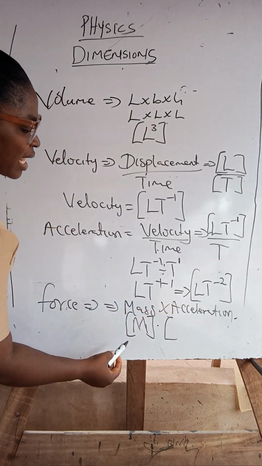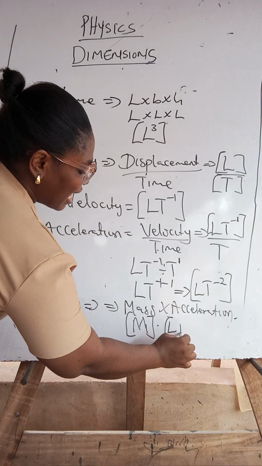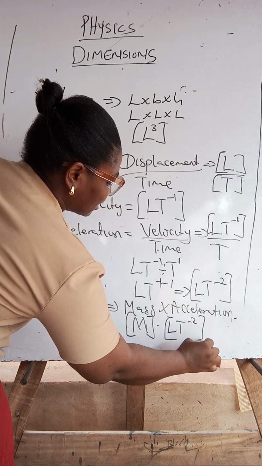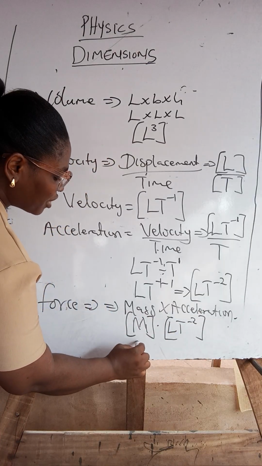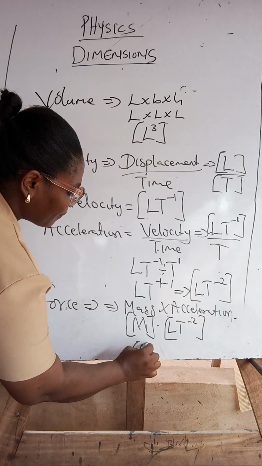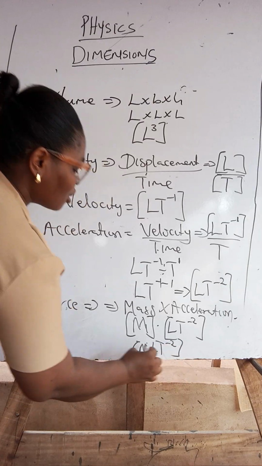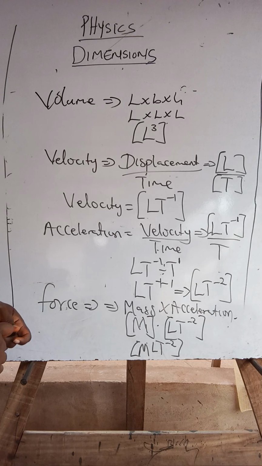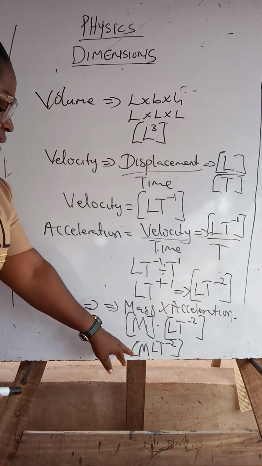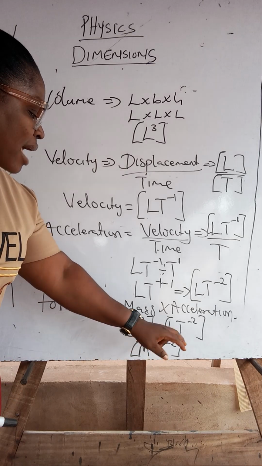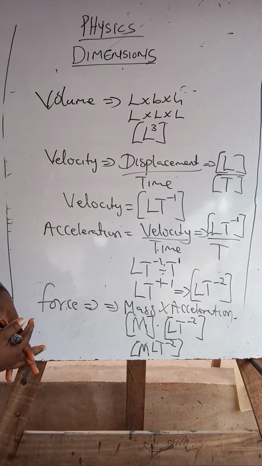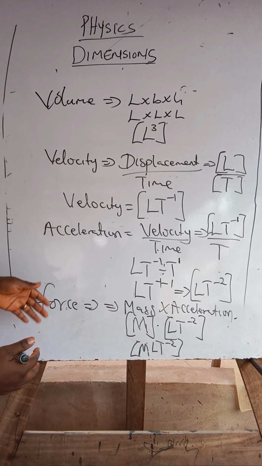Because we've already obtained that, and that is length per time squared. And this together will be giving us MLT minus 2. So the dimension for force is mass, length per time squared.